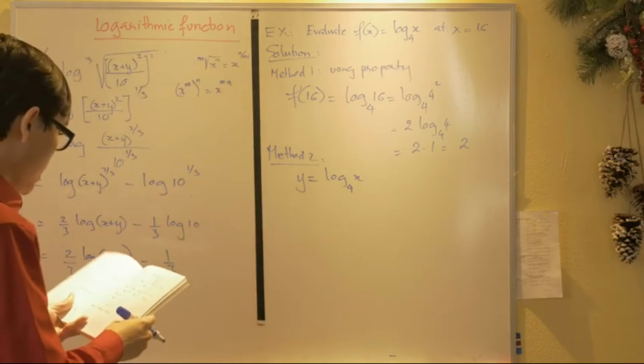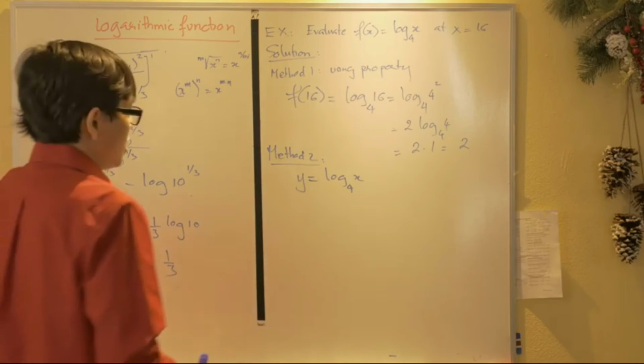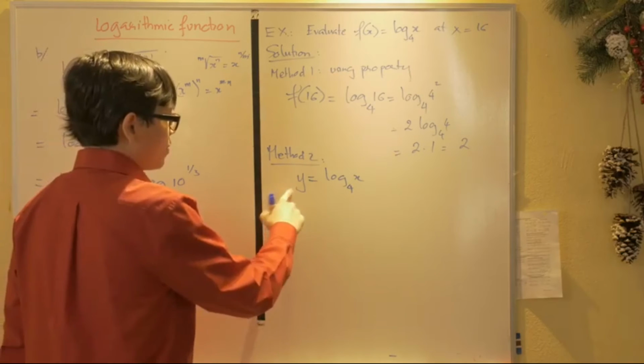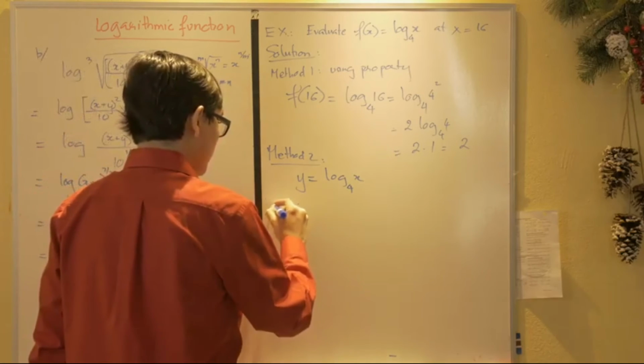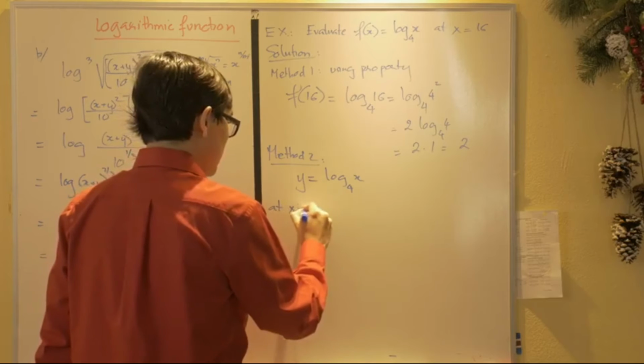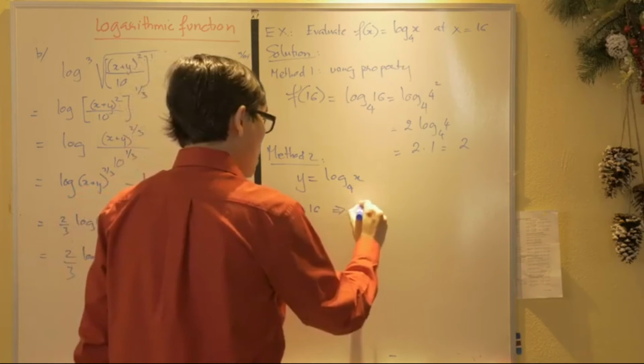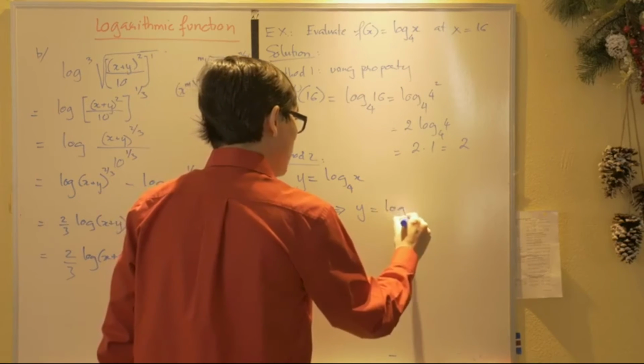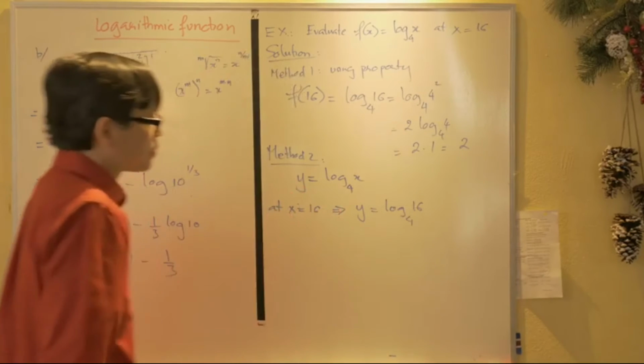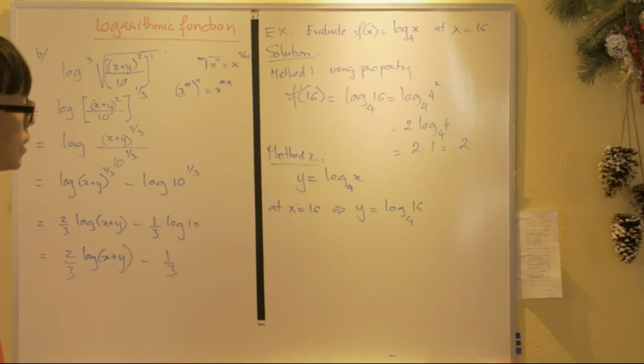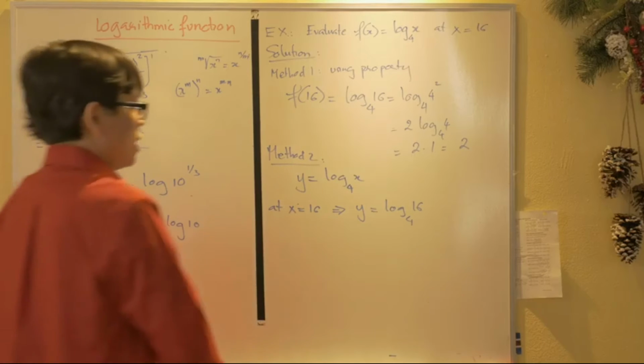And right now x is 16, and you want to find y at x equal to 16. Then y equals log base 4 of 16. Now we do the same as the log principle.